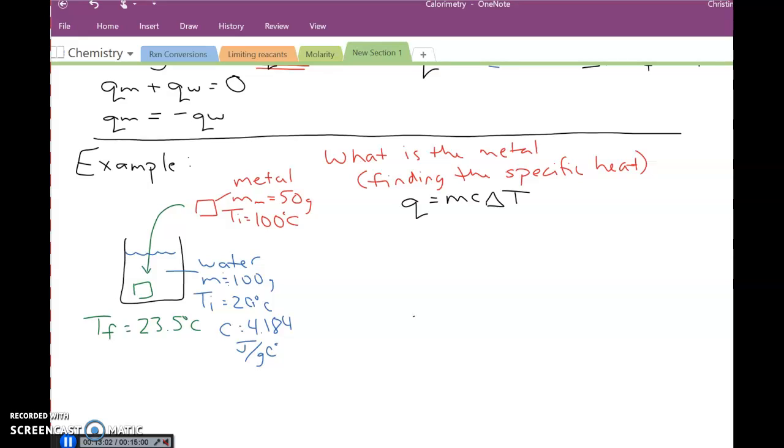And what we're going to do is we're going to use a system approach. So our system is QM plus QW equals 0. So therefore we can set these equal to each other. Q of M equals negative Q of W.